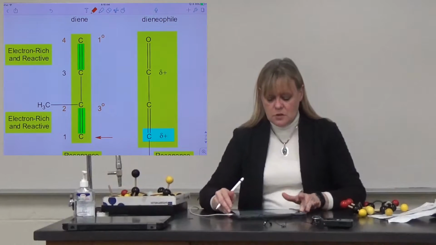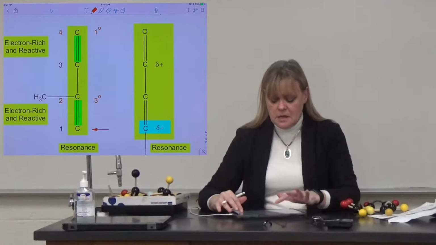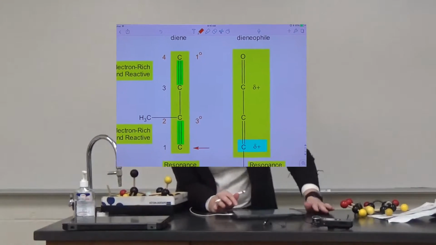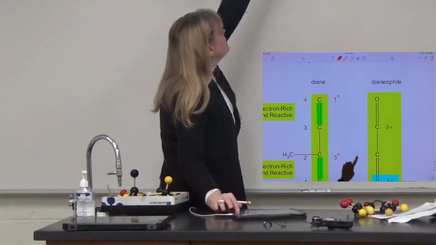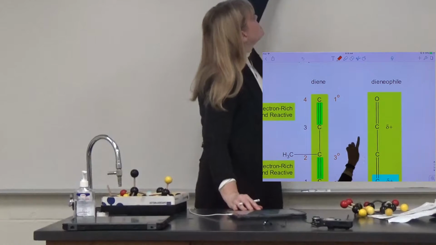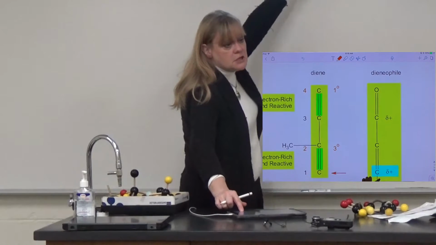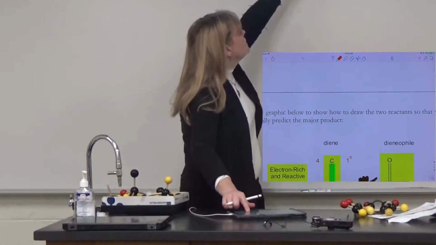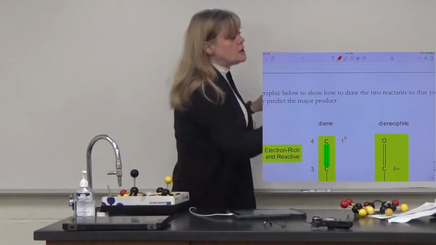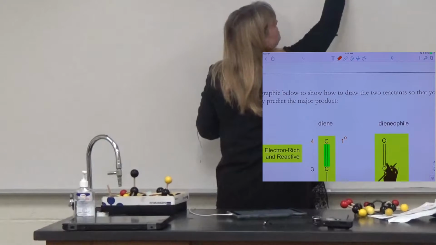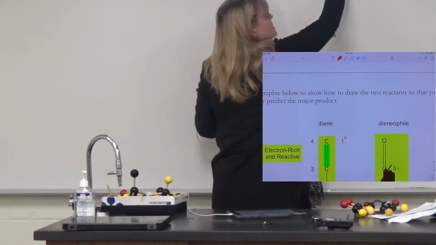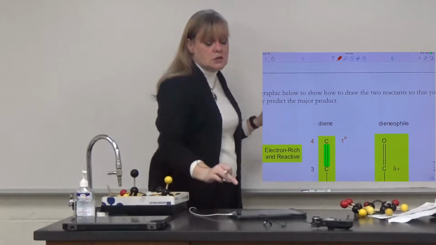What's going to happen during this reaction is that because of resonance, the dienophile is going to have electrons pulled away from a particular carbon. So you can see that the oxygen is electron withdrawing, so it's going to be pulling these pi bond electrons towards it, and if it does, then that carbon's going to be electron deficient.